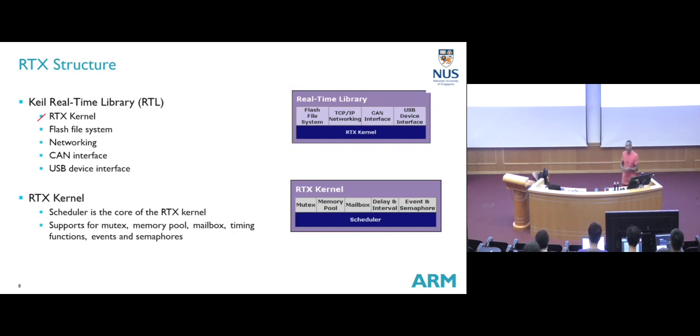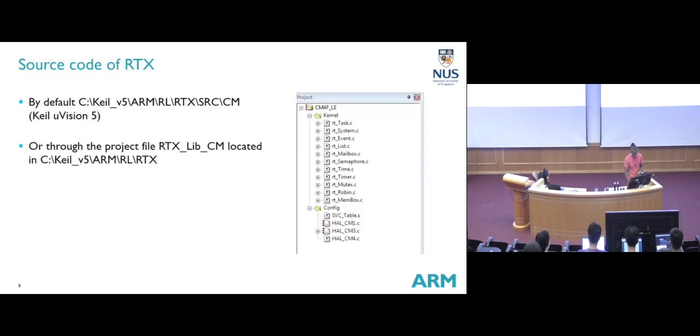But if you want to extend your project in the future, you want to include networking, you want to include a file system on board, they have everything. So when you build the project, you can include all those libraries, and you have everything as part of your project. And if you explore, the code is also open source. So if you really want to go and figure out how a mutex works, how a semaphore works, you can actually go in and see the code.